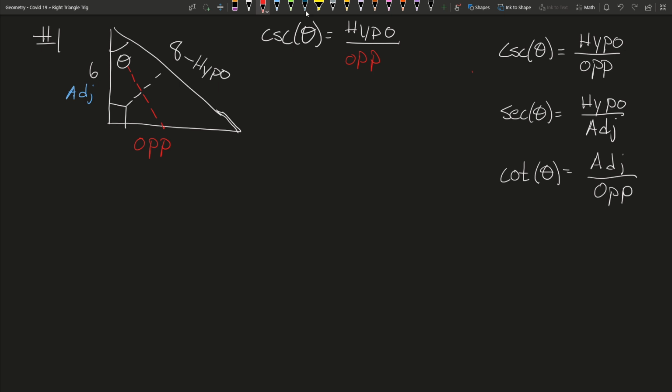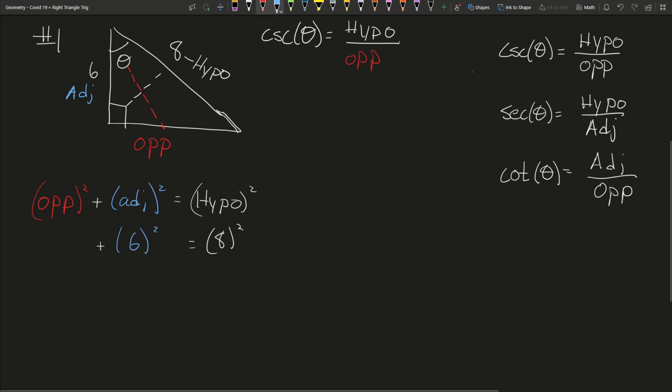All right, so if we set up our Pythagorean theorem, and substitute in what we have, we can solve for our missing side.